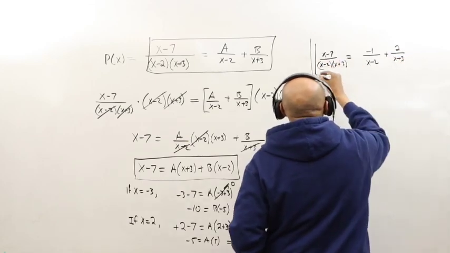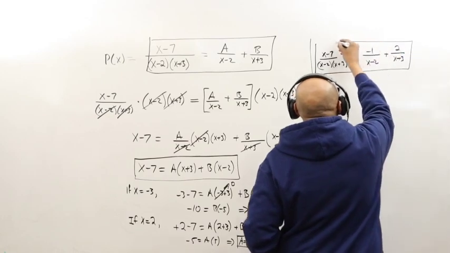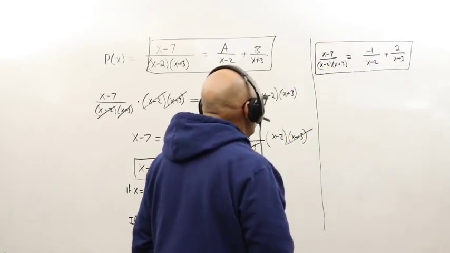And so this is the partial fraction decomposition of (x minus 7) over (x minus 2)(x plus 3).